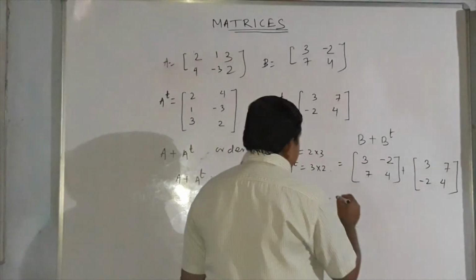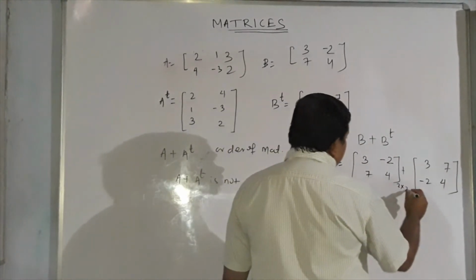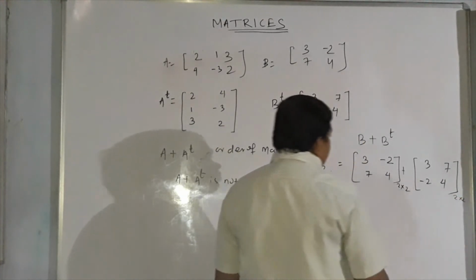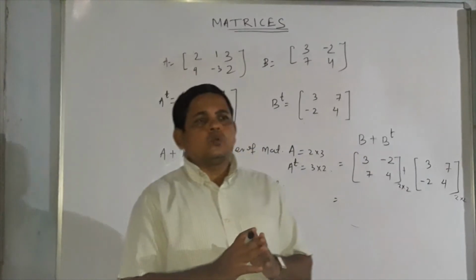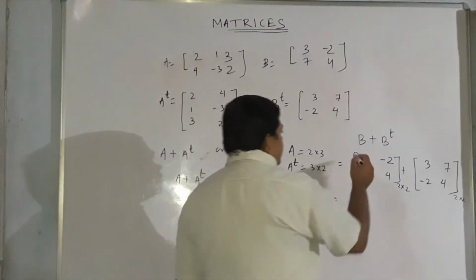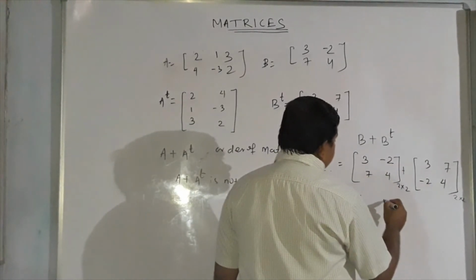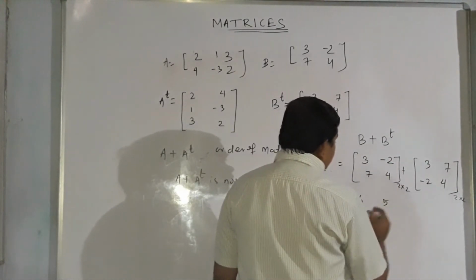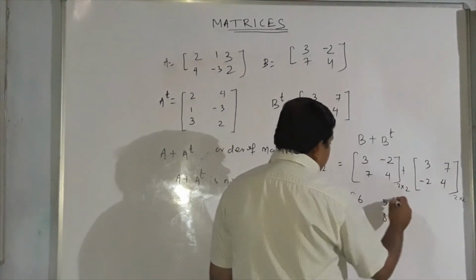Now you add here. Is it possible to add? Yes, it is possible to add. Here it is 2 by 2, here it is 2 by 2. No need to show; you just have to add and write. 3 plus 3, directly you can write 6. Minus 2 plus 7 is 5. 7 minus 2 is 5. 4 plus 4 is 8. Now this is your final answer.